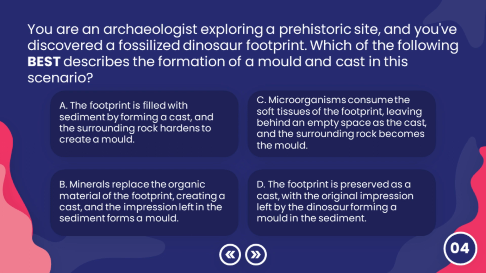B. Minerals replace the organic material of the footprint, creating a cast, and the impression left in the sediment forms a mold. C. Microorganisms consume the soft tissues of the footprint, leaving behind an empty space as the cast, and the surrounding rock becomes the mold. D. The footprint is preserved as a cast, with the original impression left by the dinosaur forming a mold in the sediment.